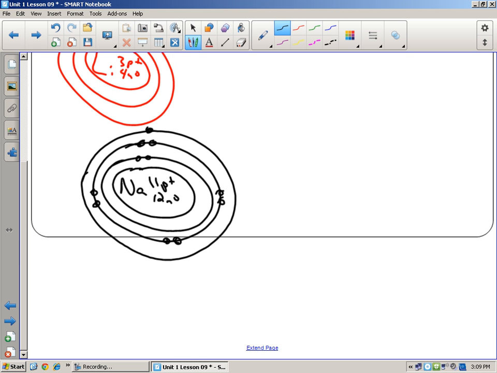So as you move down a group, hopefully it's fairly easy to see that this here, to the outside part, of course, once again is your atomic radius here. And that radius there is most certainly going to be smaller than this one here.